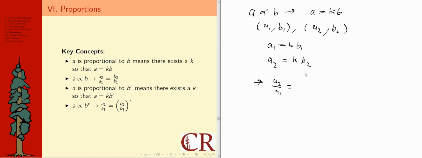On the right side, I would get k b2 over k b1. And the nifty thing that happens is those k's cancel out, and that's where I get that result: b2 over b1, that I've stated right here.